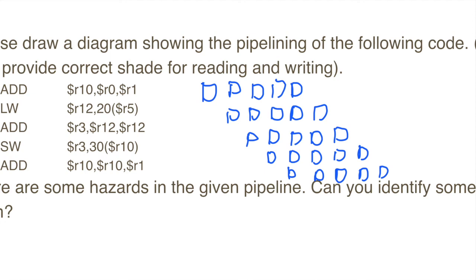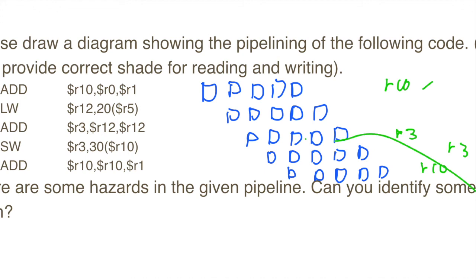Well, this one writes to R10. All right, this one reads from R12, writes to R3. This one uses R3. This one uses R10. This one writes to R10.